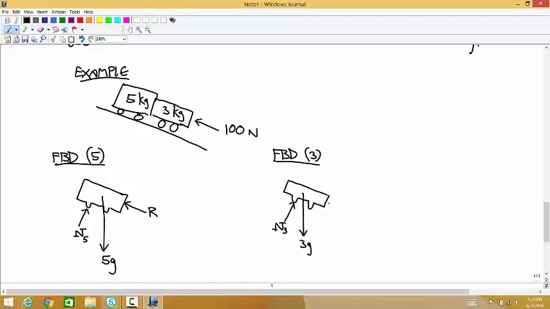Then over here, there's the 100 newton force. And then we get to the other side. That's the contact between the 5 and the 3. We've already dealt with that once. So now we use Newton's third law. Switch the direction of the arrow, keep the force variable the same, and that's it.